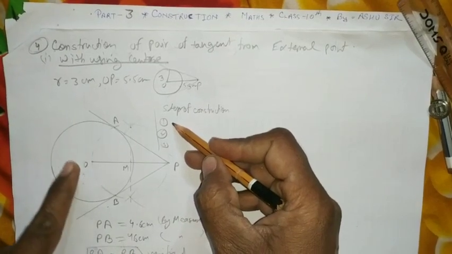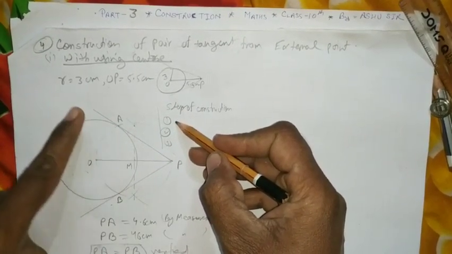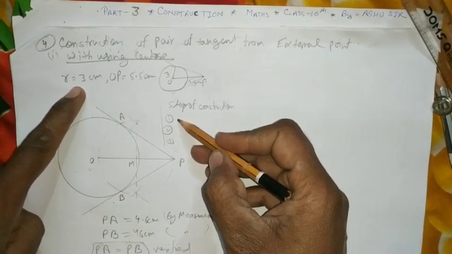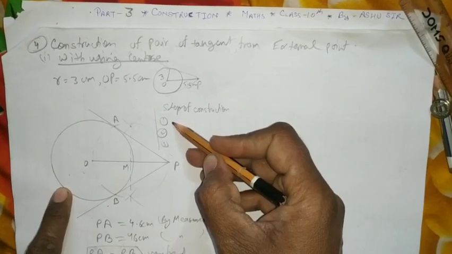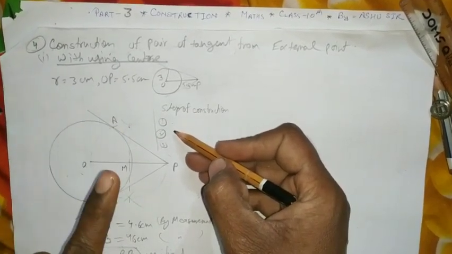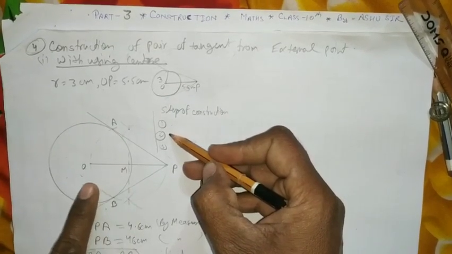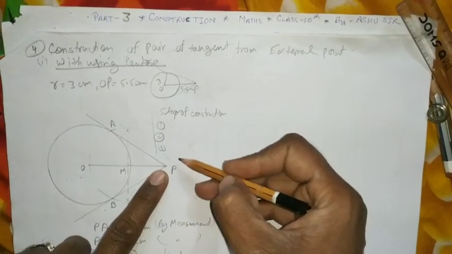First step, take radius 3 centimeter and with the use of compass draw a circle of radius 3 centimeter. Second, draw a line segment OP of 5.5 centimeter.